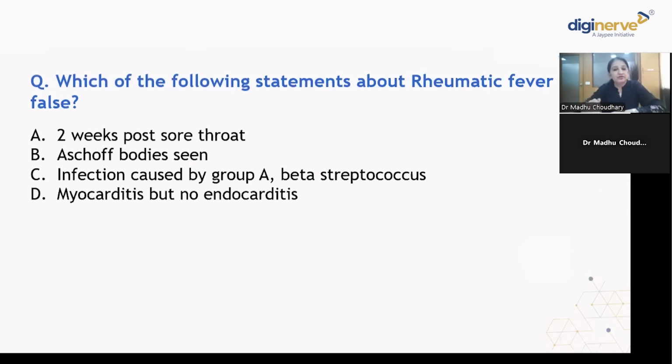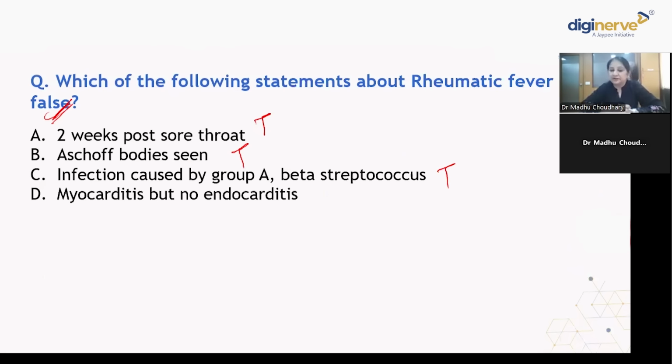Which of the following statements about rheumatic fever is false? Again, note, they've asked you about the incorrect statement. 2 weeks post sore throat, yes, it is true. Aschoff body is seen, again true. Infection caused by group A beta hemolytic streptococci, again true.